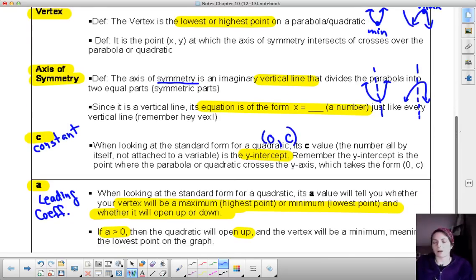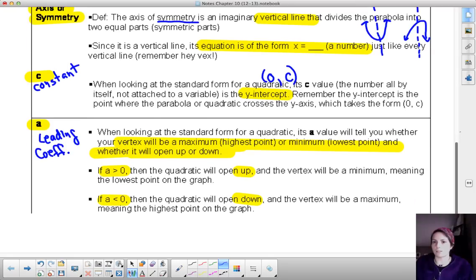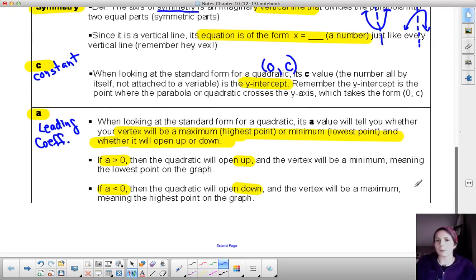Now the A value is probably the most important to us a lot of the time because it tells us two pieces of information. Remember that's the leading coefficient, that number in front when I'm in descending power. It's going to tell me whether my parabola is a maximum or a minimum. If the A value is greater than 0, meaning the A value is positive, then my quadratic opens up like this.